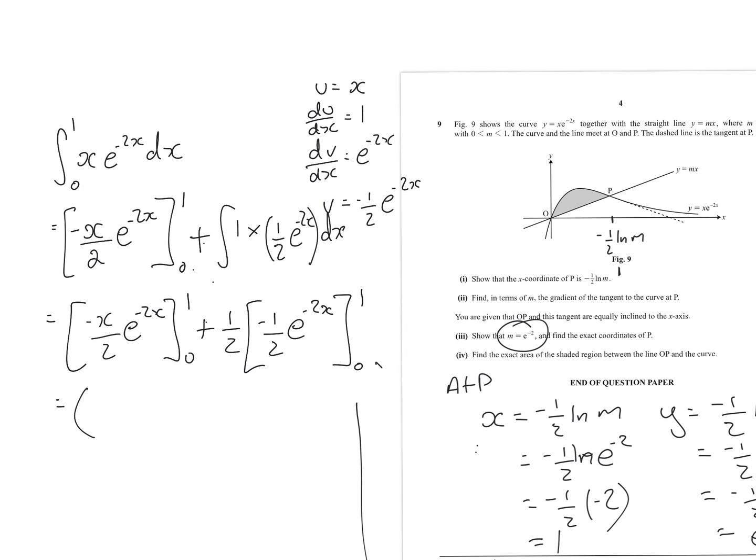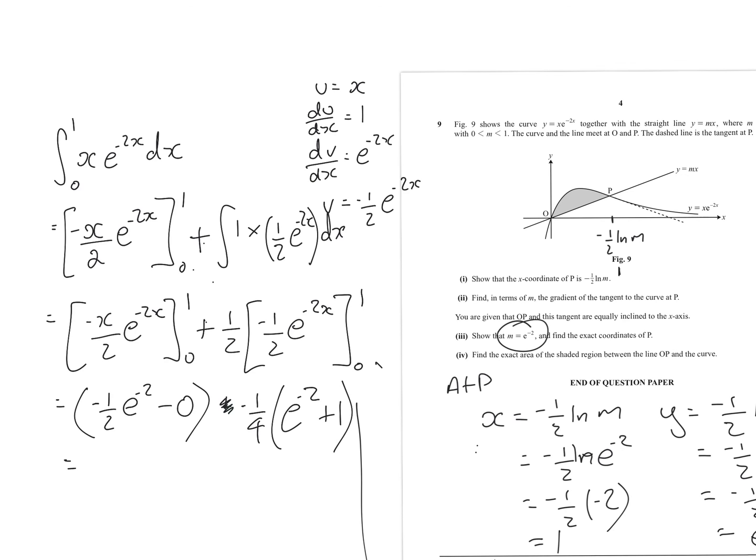So I put sub 1 in, I get minus a half e to the minus 2, minus subbing 0 in, minus minus 0, plus, or in fact, minus a quarter. Sub 1 in, but I've dealt with all of those, e to the minus 2. Sub 0 in, got to be careful here, e to the 0 is 1.